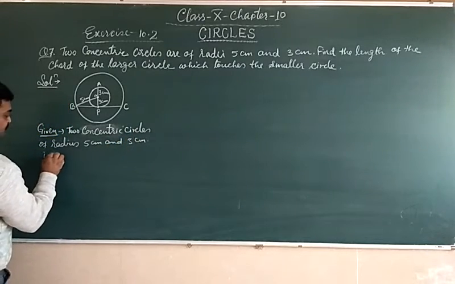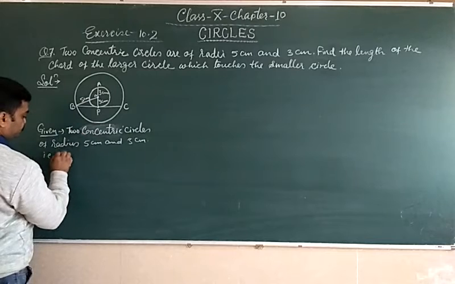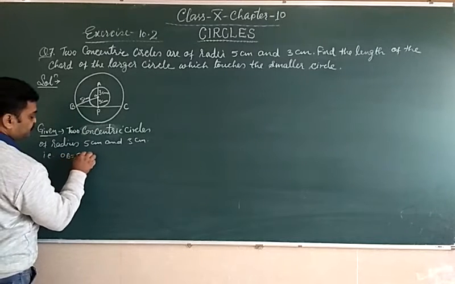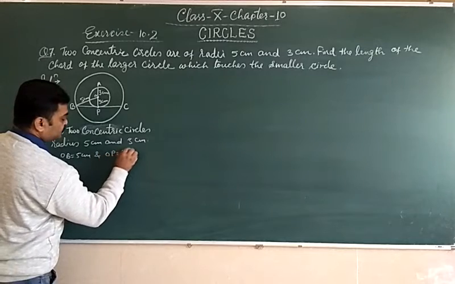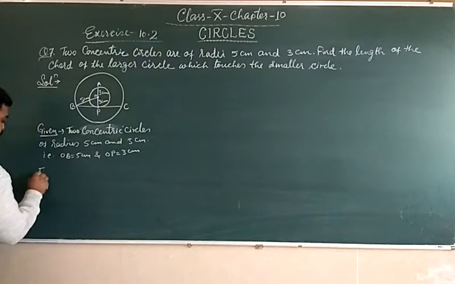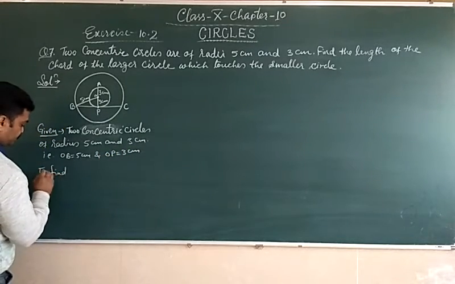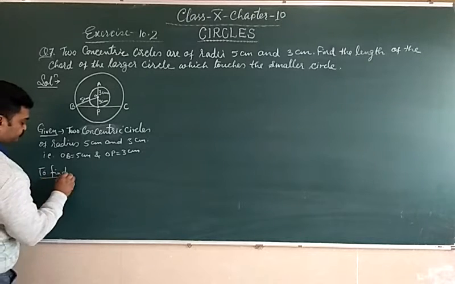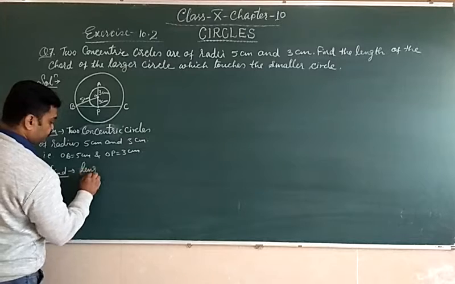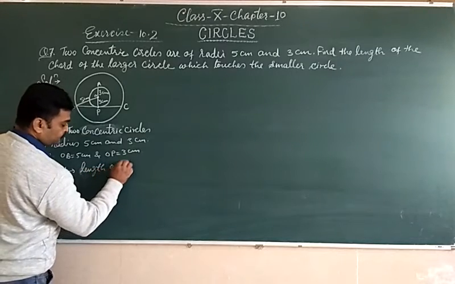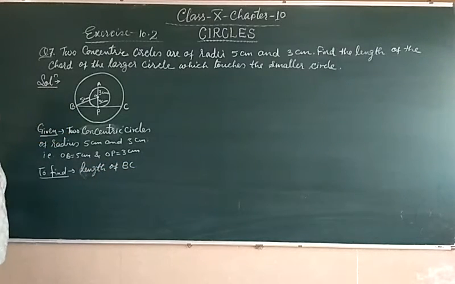That is, OB is equal to 5 centimeter and OP is equal to 3 centimeter. To find the length of BC, okay.